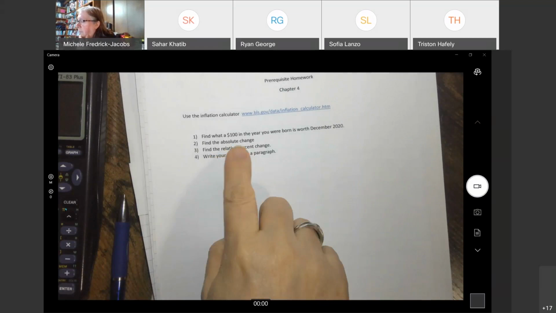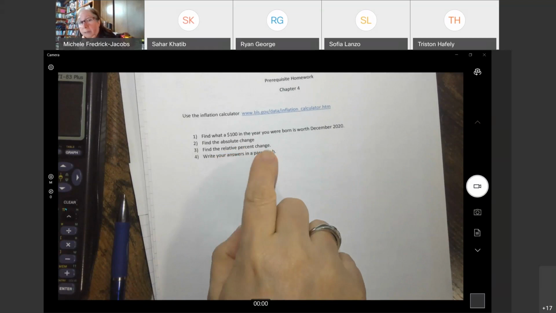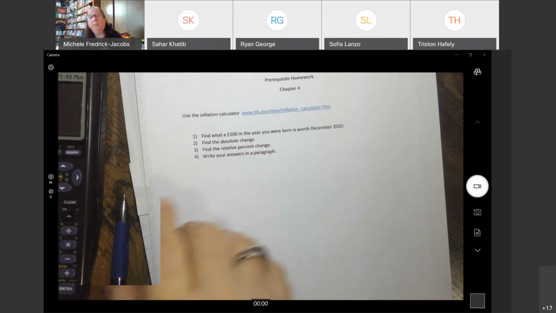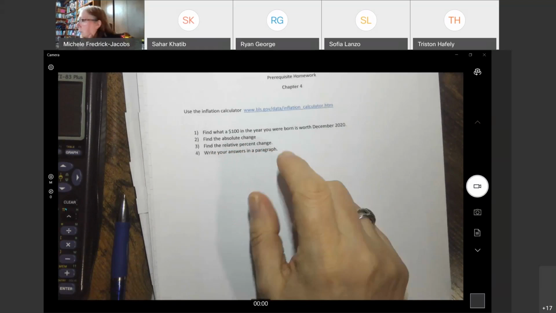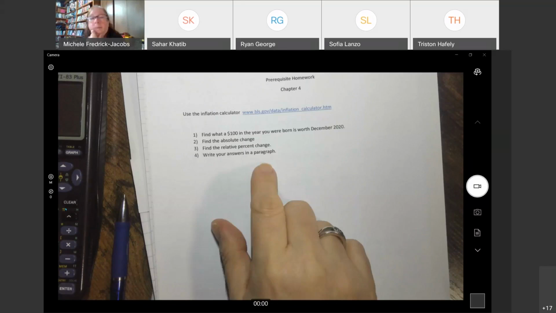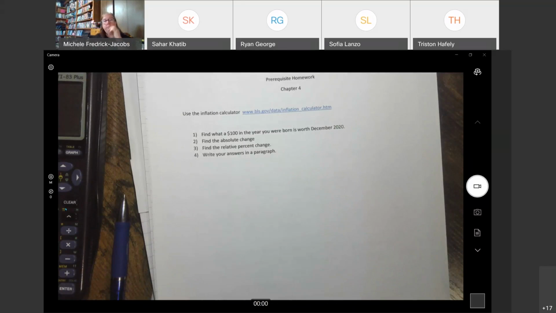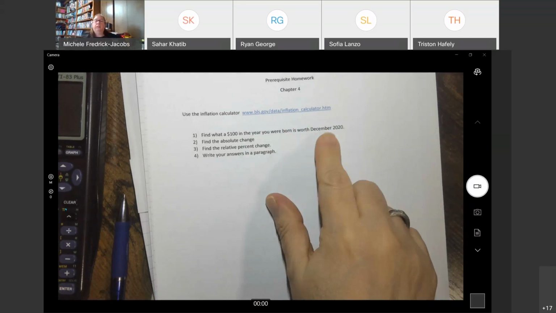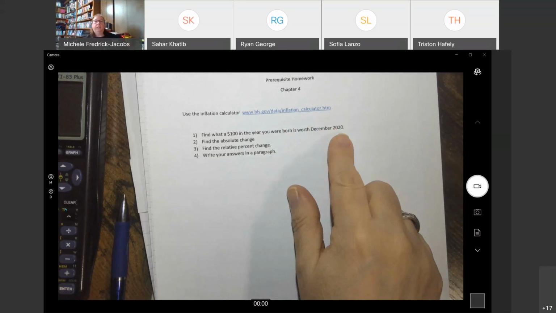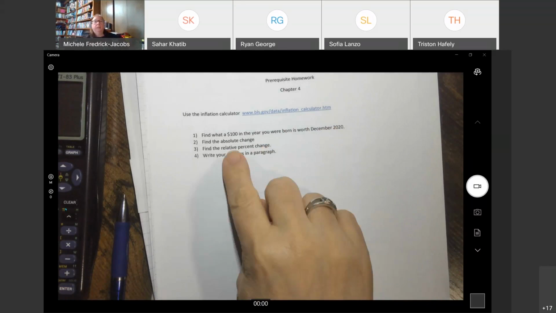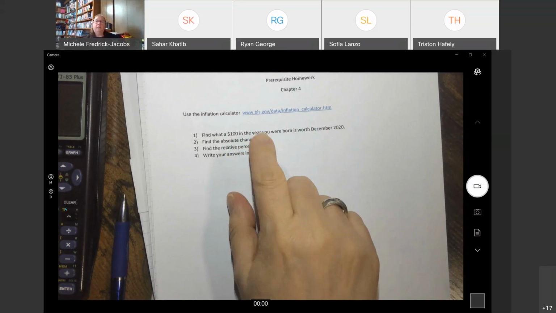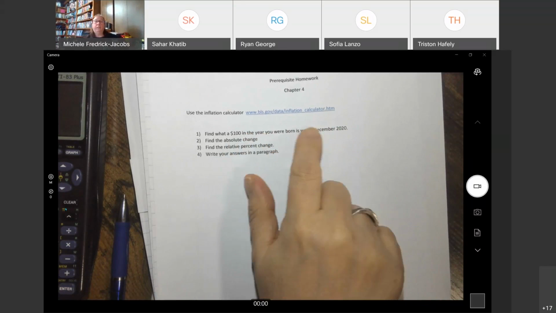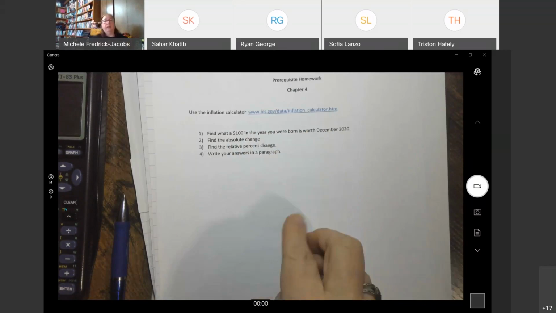Then use absolute change. When you find relative percent change, remember that's the inflation rate, how much inflation has gone up since the day you were born, and write a paragraph about it.